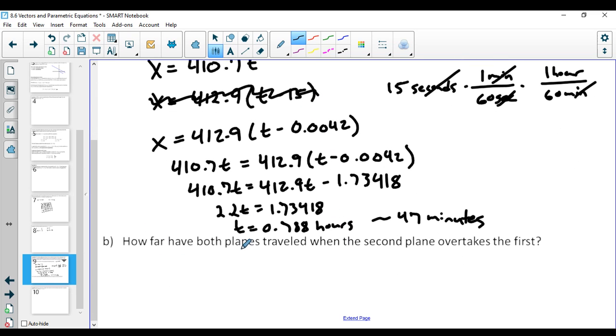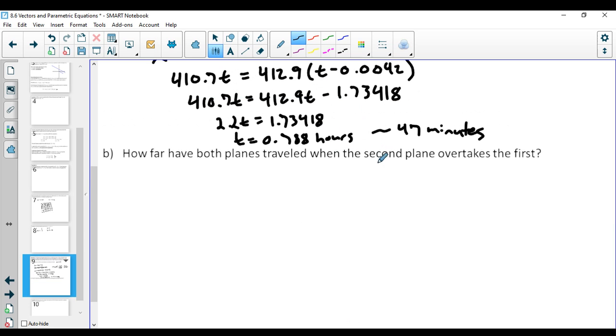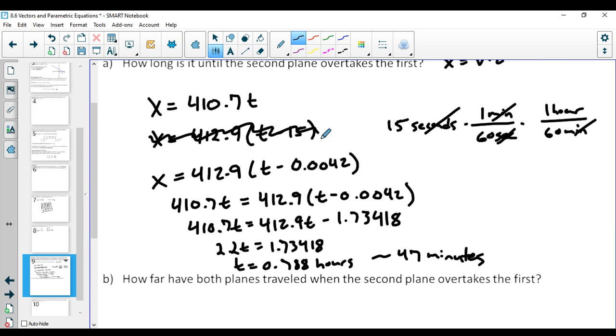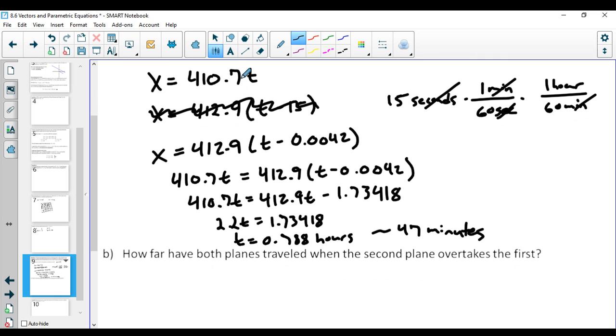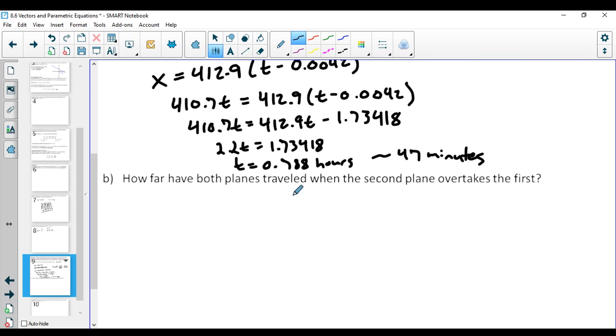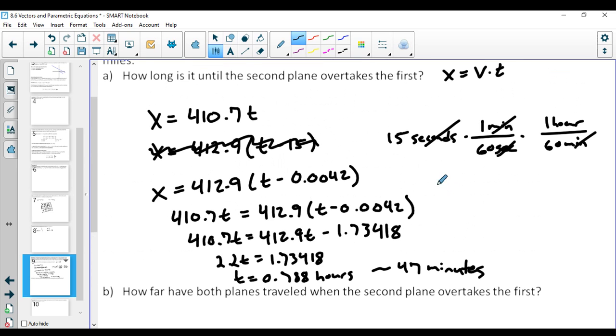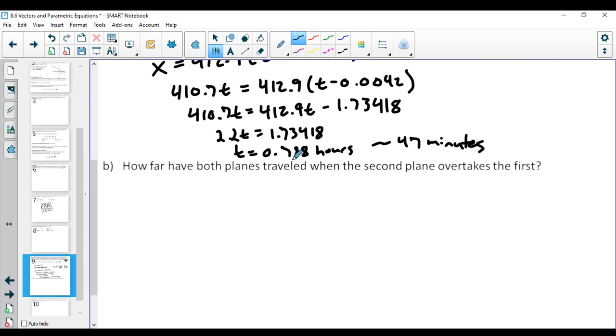And then how far have both planes traveled when the second plane overtakes the first? It's a good thing that we now have our time. We have both of these equations, and they should yield the same distance. They should be neck and neck when the second one is starting to overtake the first. So we really only need to plug it in for one, and it should give us the same answer.